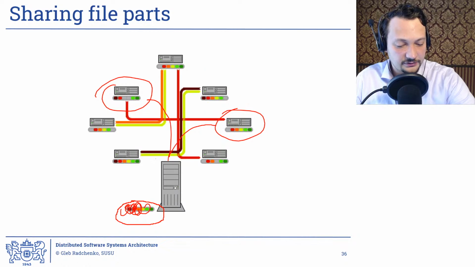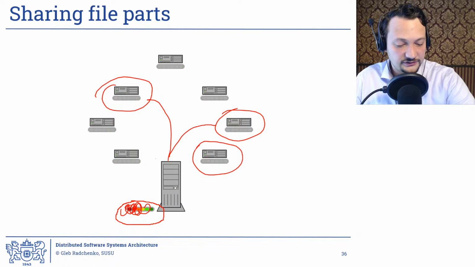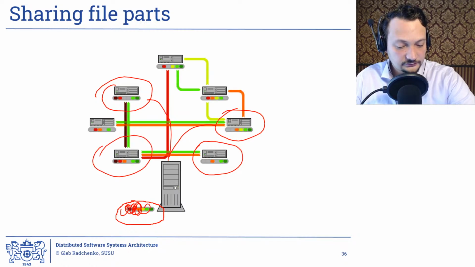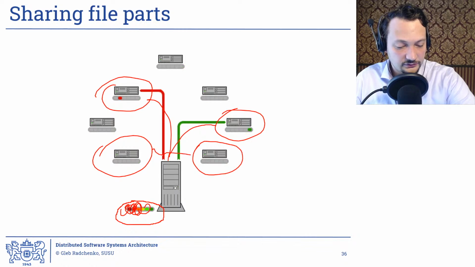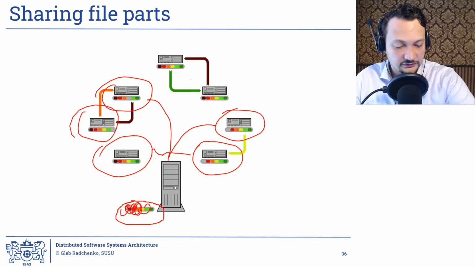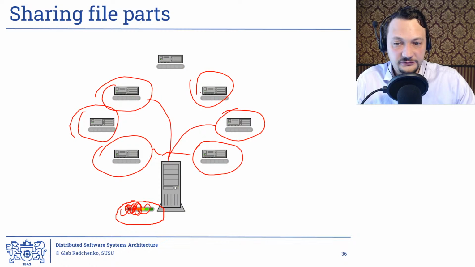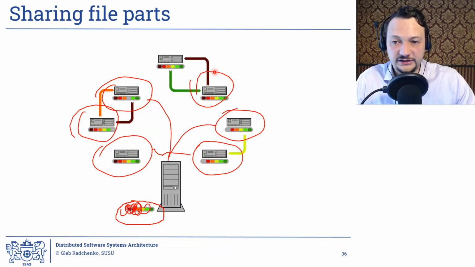On the second step, the supersede sent other pieces of data to this node and to this node. And on the last step, the supersede sent the final pieces of data to this node and to this node.